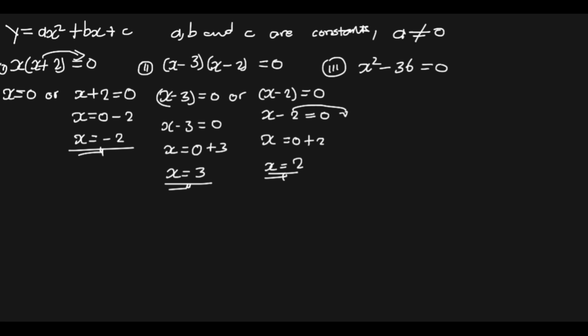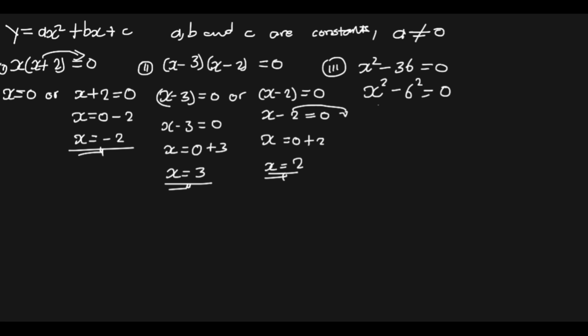Now for part 3 here, we need to factorize. We are going to use the factorization method which involves the difference of two squares. So we need to break our 36 into its perfect square. 36 is the same as 6 raised to the power 2, since we know that 6 raised to the power 2 is 6 times 6, which is also 36.